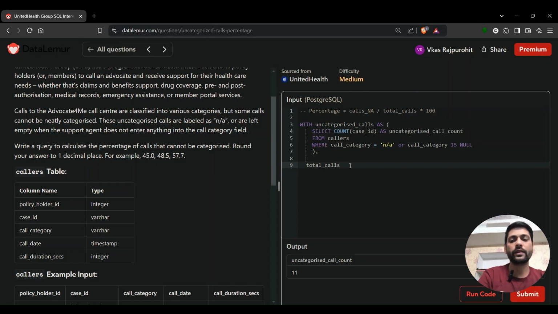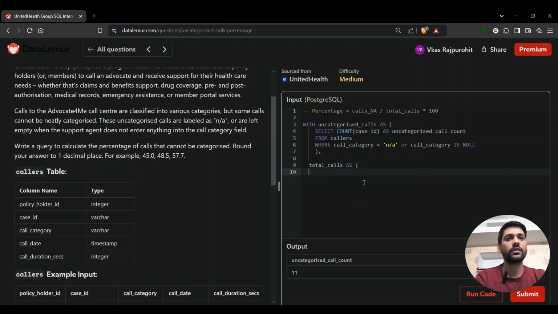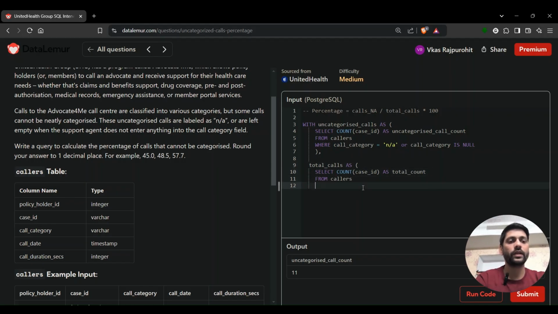So I will write total calls as, and I will write my query here. This time we give the name total count, and I will close the bracket. Okay, we found both pieces of information.